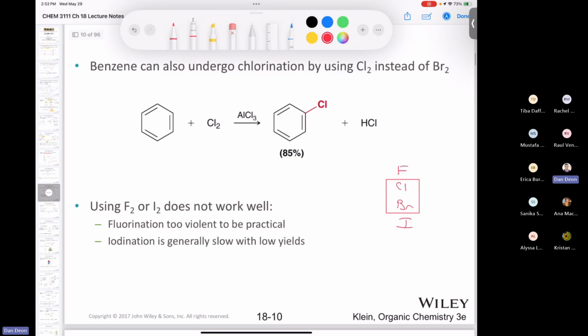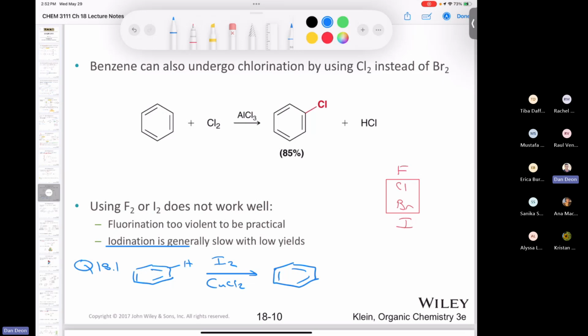However, with the iodination, I think there is an example that it shows you in the textbook, and I think it's question 18.1. They show you that if you take benzene, I'll just put a proton here for instructional purposes, and combine it with iodine and copper 2 chloride, so CuCl2, you end up doing an iodination.